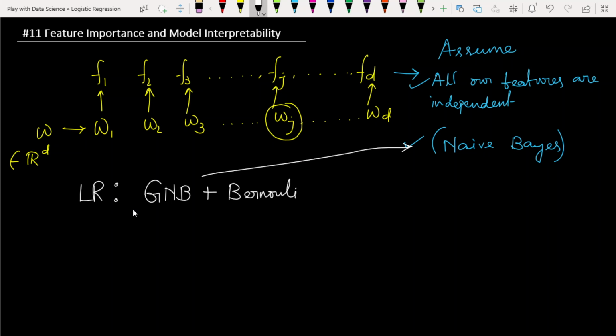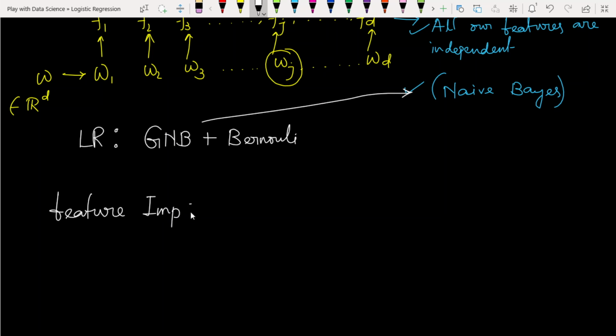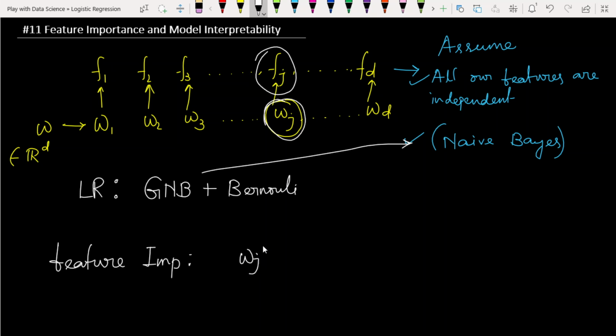So now the main concept is feature importance. Feature importance means the importance of wj, because wj is responsible for feature j.